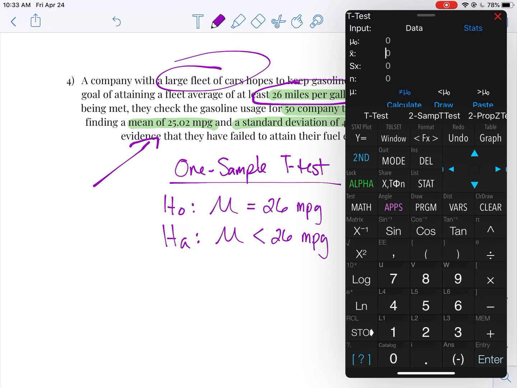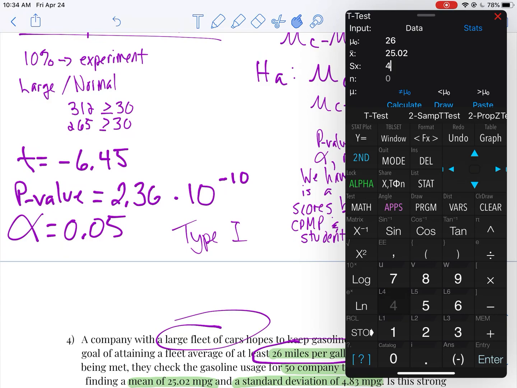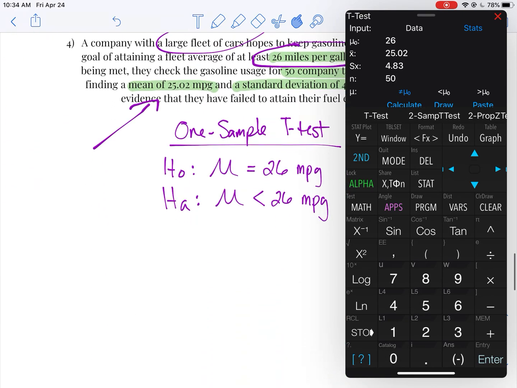I'm going to enter in the statistics I have. I'm trying to prove 26 is my null. The average I got was 25.02. Standard deviation was, a little hard to read, 4.83. My sample size was 50. Now, what am I trying to prove? I am trying to prove that it's actually less than this.